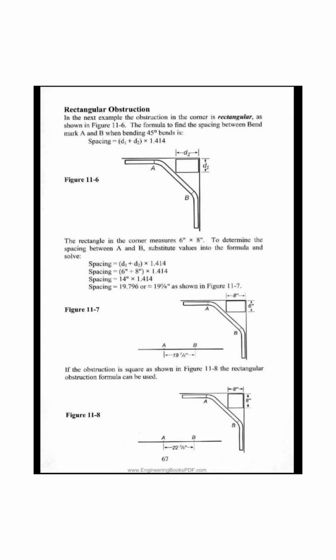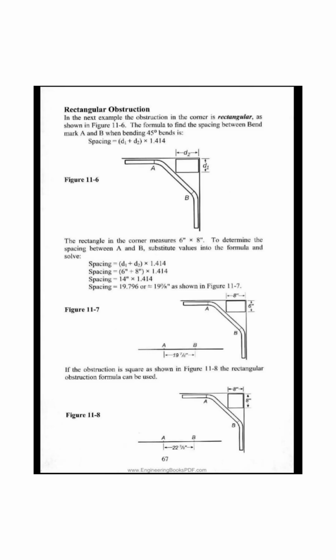To determine the spacing between A and B, substitute values into the formula and solve. Spacing equals (6 plus 8 inches) times 1.414. Spacing equals 14 inches times 1.414. Spacing equals 19.796, or 19 7/8, as shown in figure 11-7.